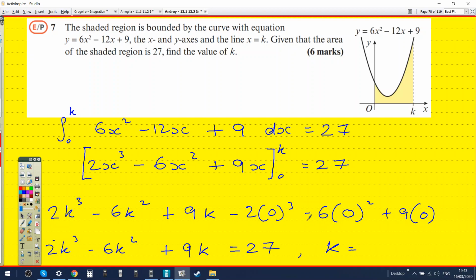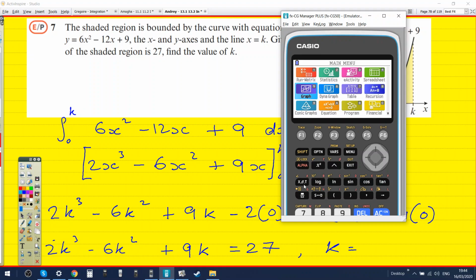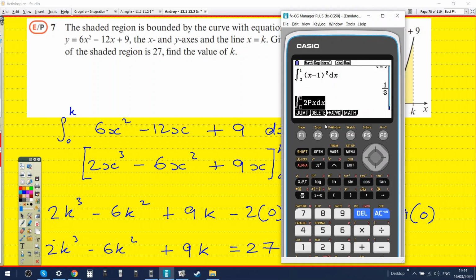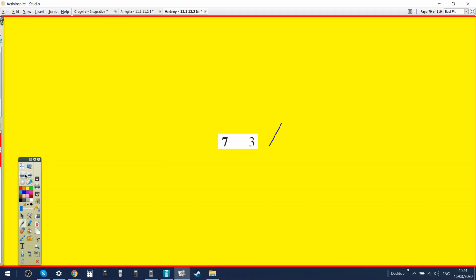And then I just put that into my calculator. And so k is 3, I think. K equals 3.